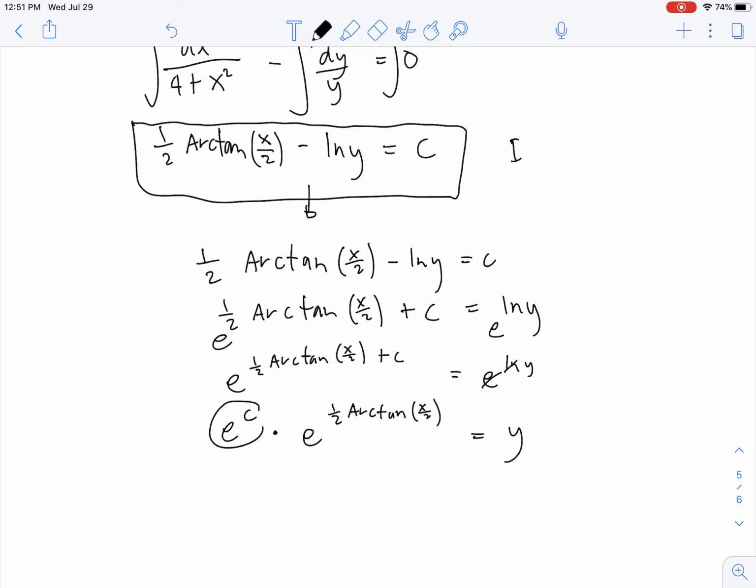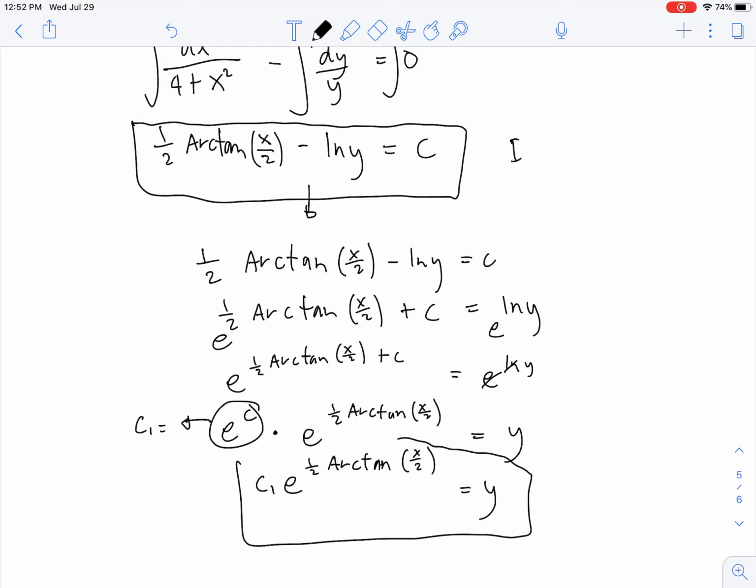Since this is just a constant, becomes c sub 1. So this is just c sub 1 multiplied by e raised to 1/2 arc tan of x over 2 is equal to y. So this is the explicit solution. Okay.